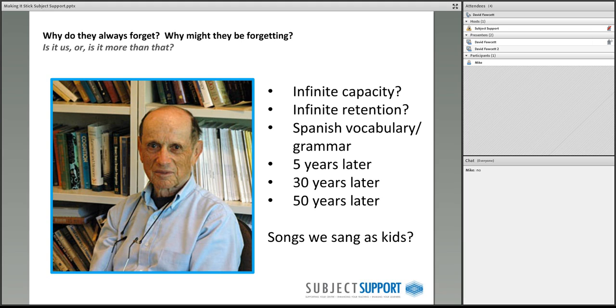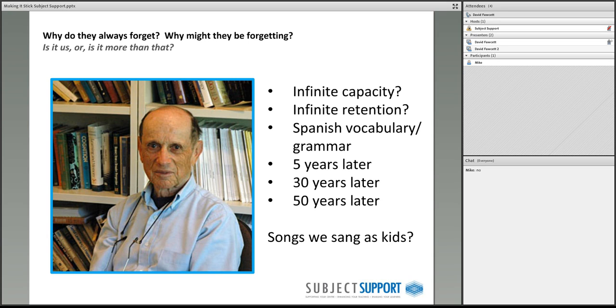One thing to think about though is Harry Bahrick, 1984. He looked at people's memory for Spanish vocabulary and grammar which they got taught back at high school, to talk about retention levels. After 5 years, he met with people who had left high school and tested them on the Spanish grammar they remembered.